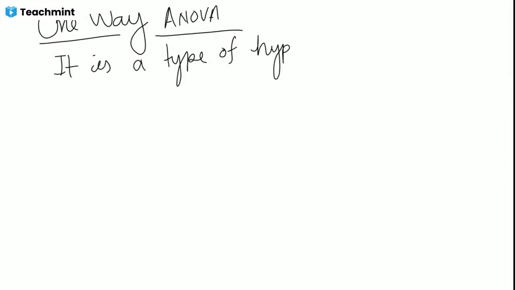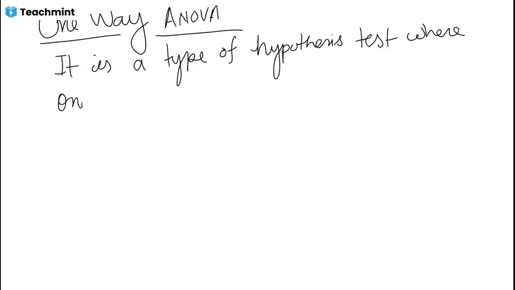So one way ANOVA. It is a type of hypothesis test where only one factor is considered, for one way only one factor is considered.